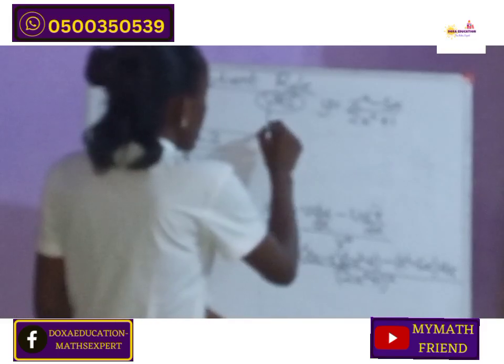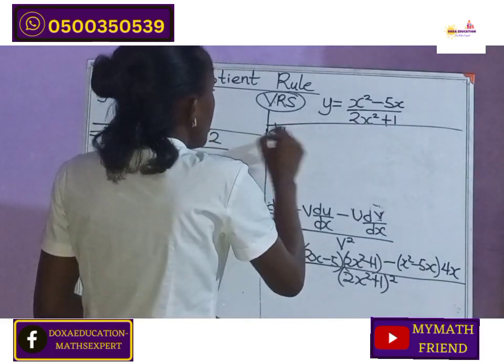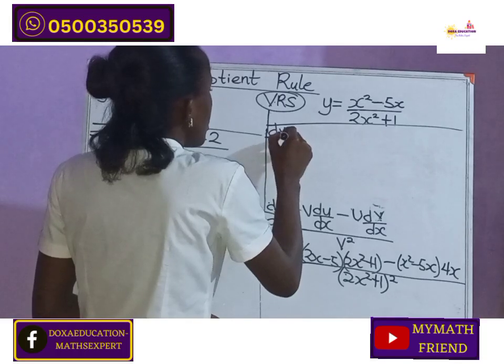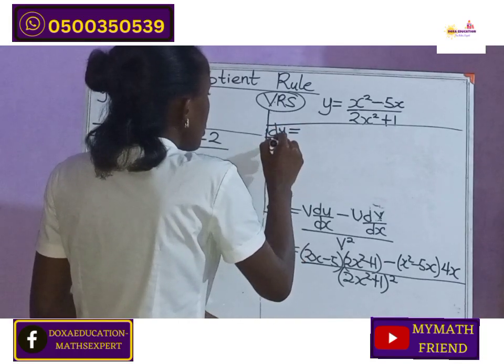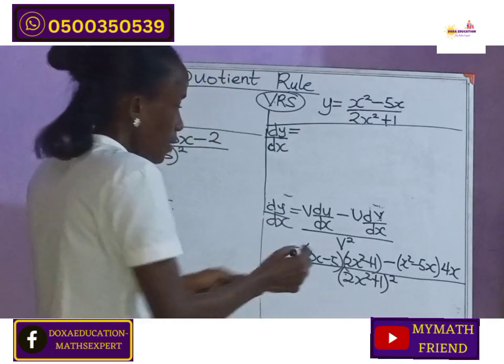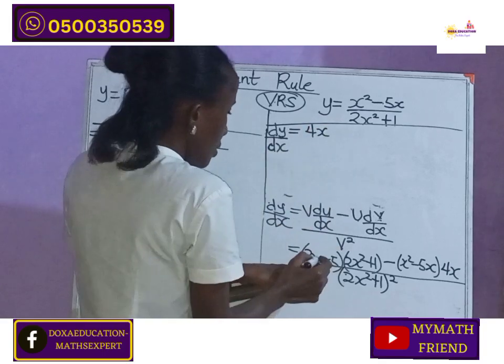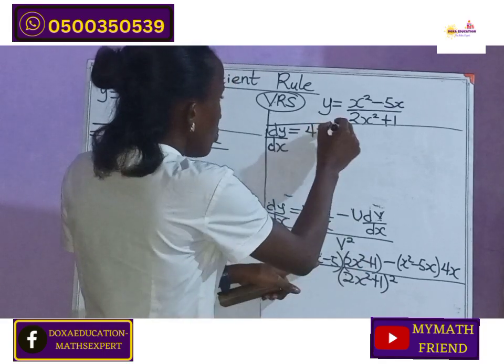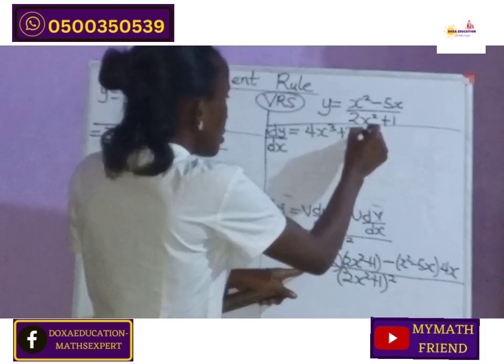So expanding from here, dy/dx equals, and let's expand. 2x times 2x squared is what? It's 4x, there's 1, there's 2, so 4x cubed. And 2x times 1 is what? Plus 2x.